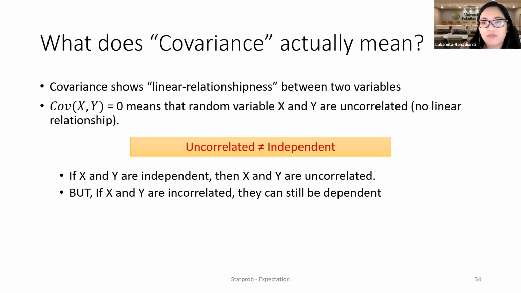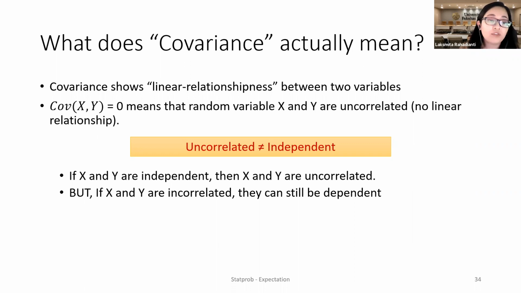But be careful and don't mix up uncorrelated and independent. Remember, we have two different terminologies here: uncorrelated and independent. However, they are not totally irrelevant to each other, because if they are independent, then we know that x and y are uncorrelated. However, it does not work the other way around.